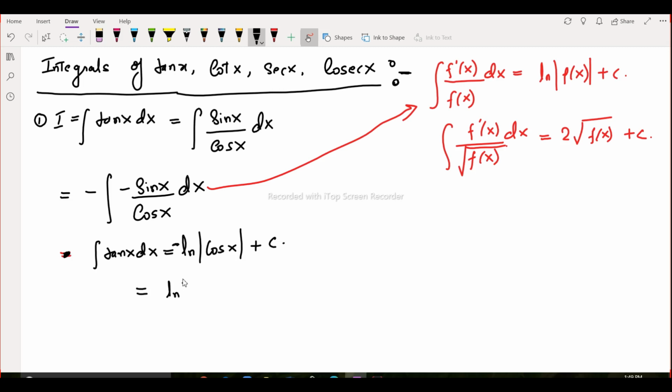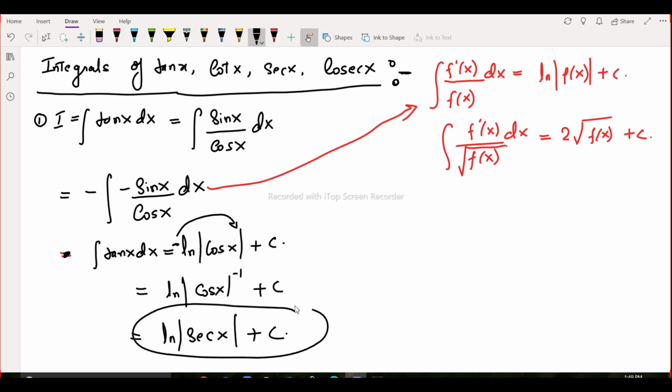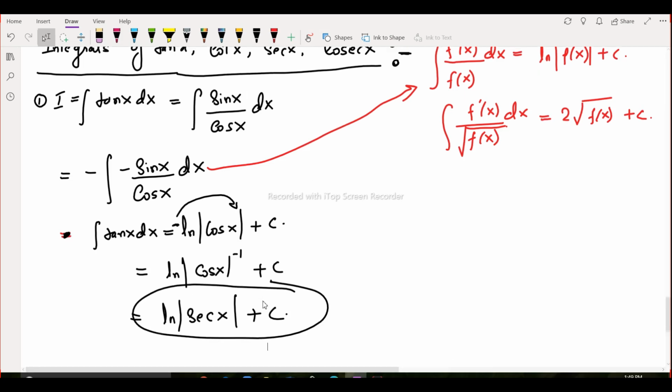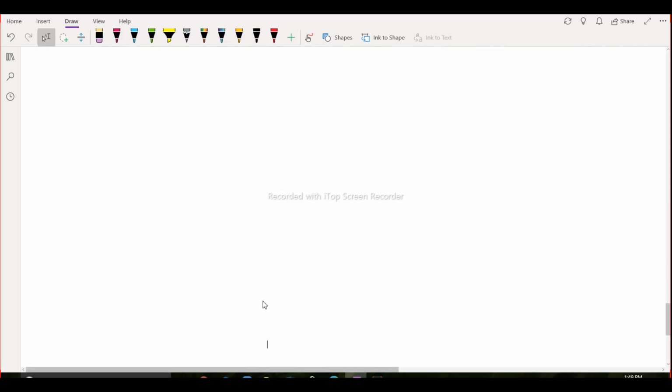Due to the power law, this minus comes inside, so I can write this as ln cos x raised to minus 1 plus c, and cos x raised to minus 1 is 1 upon cos. 1 upon cos is sec, so I can write this answer as ln sec x plus c. So this is the integration of tan x. Got it? So this was the first one, and obviously you can directly use this now: integration of tan x is ln sec x.